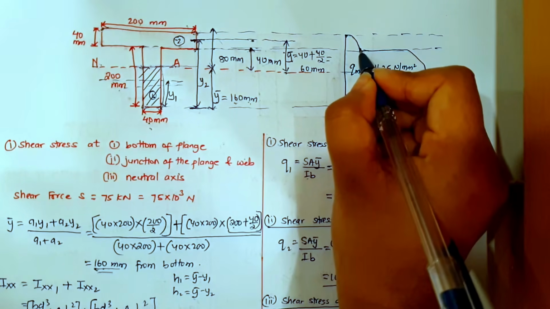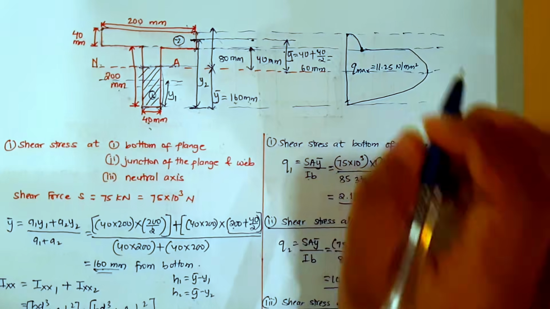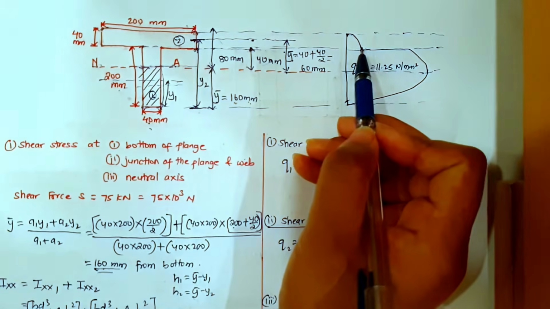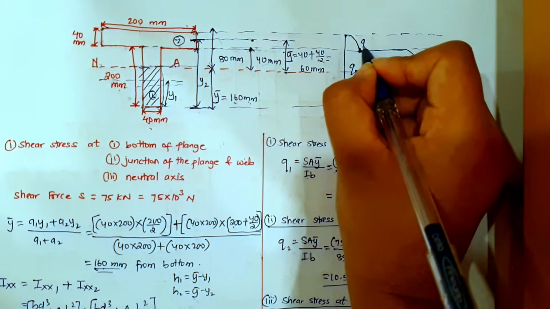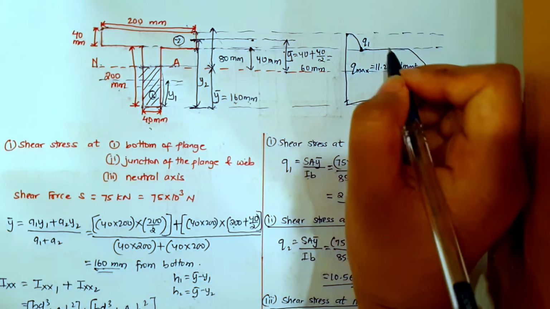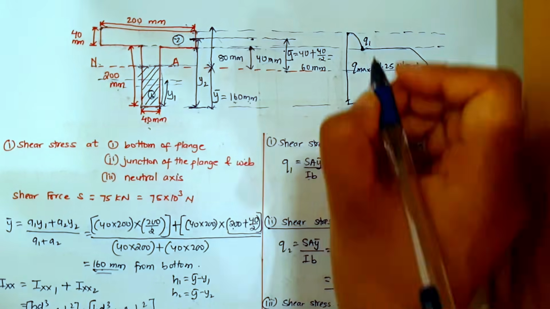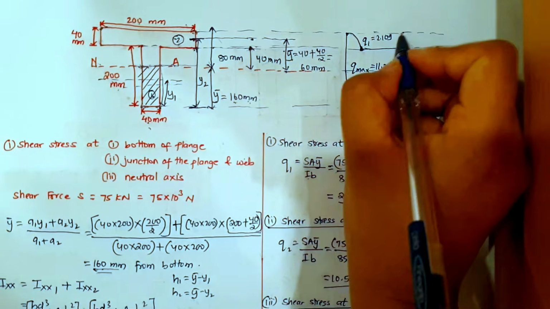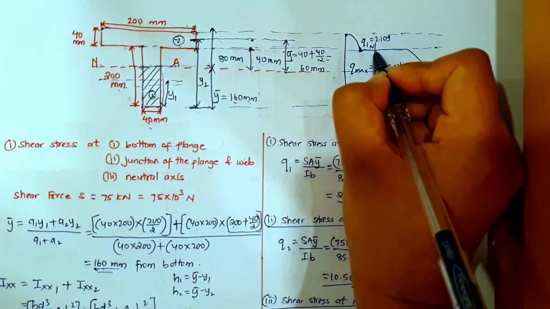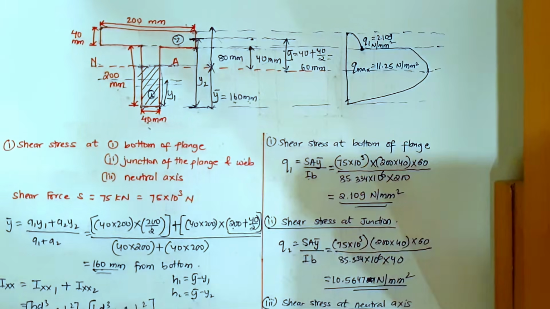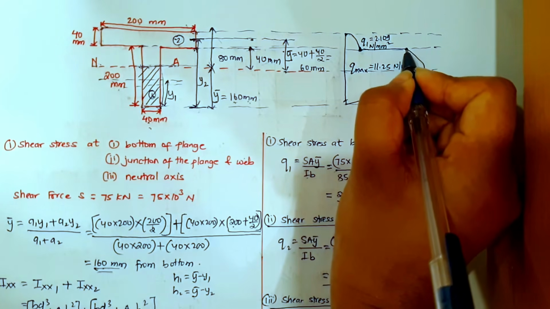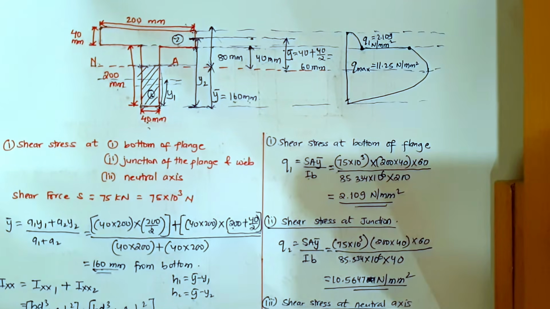Now at this point is the shear stress at the bottom of the flange, which you found earlier, and which will be Q1. So how much Q1 did we get? 2.109 Newton per mm square, right?